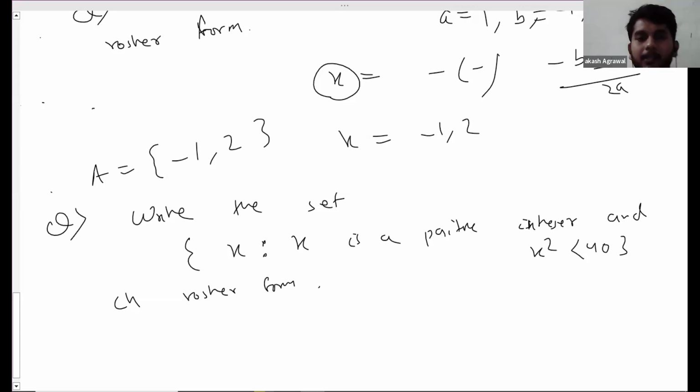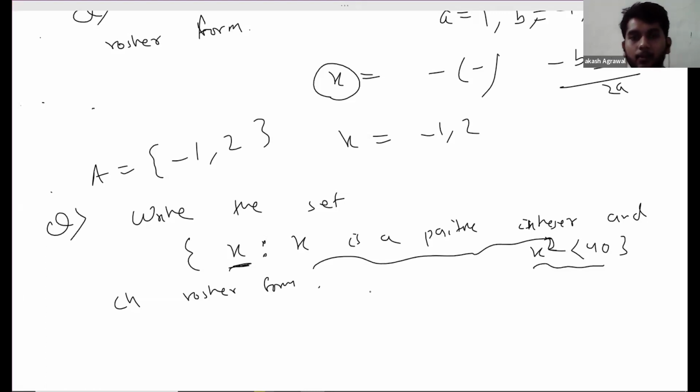What are they saying? All the X where X is a positive integer and X square should be less than 40. So you have to think of such X. Can you guys do this?